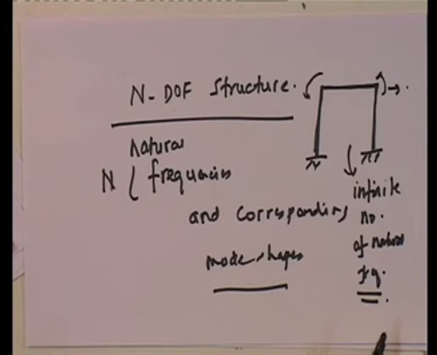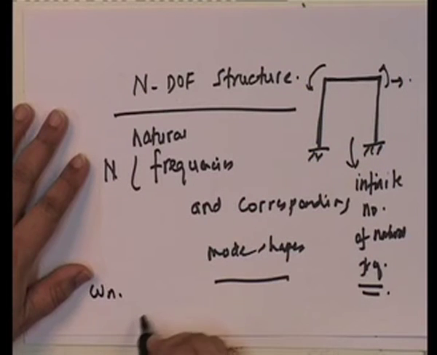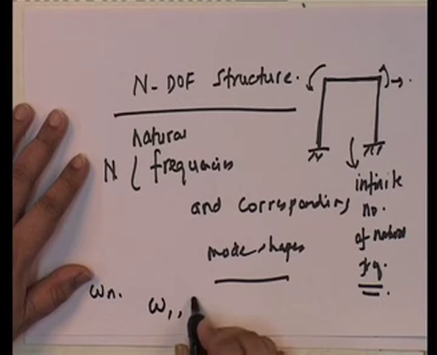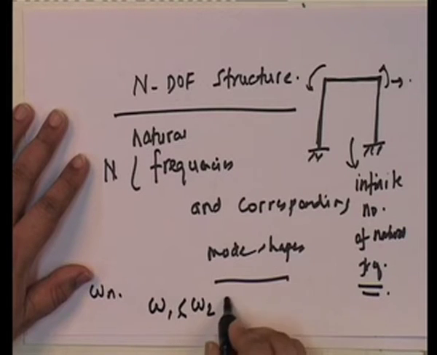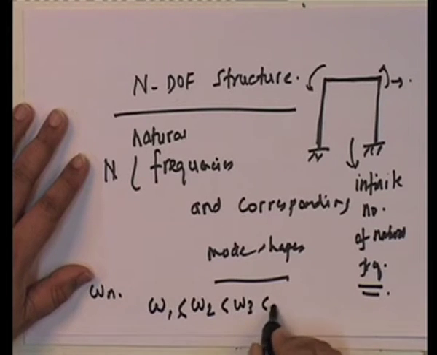Which frequencies do I get? We can show that we actually get an approximation of the 3 lowest frequencies.